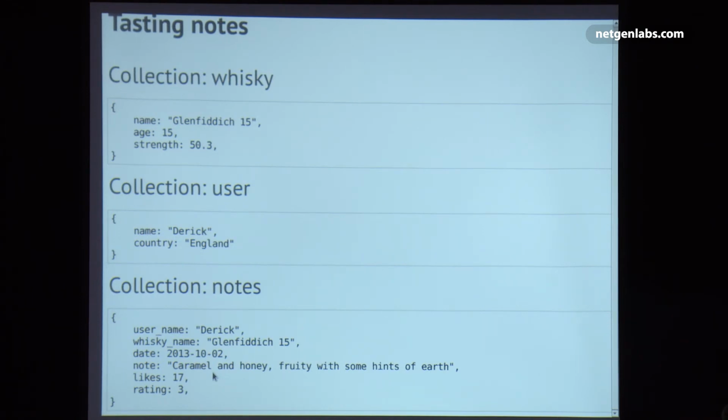Also, showing all the tasting notes for a specific user is simple, because you query this collection again. So that means that if I want to show information about a whiskey and all tasting notes belonging to the whiskey, there will be 2 queries. If I am going to show all the tasting notes for a specific user, I'm going to do 2 queries. And that might be a good solution.